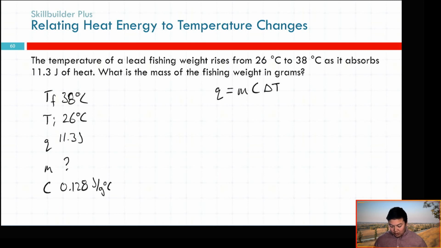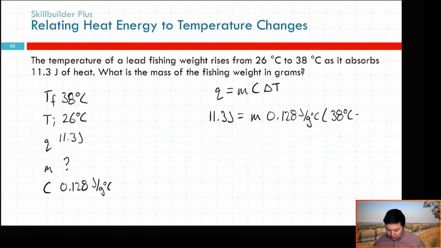When I work out these problems, I just plug everything in, solve as much as you can, and then rearrange it. So we'll just do 11.3 joules equals M, because we don't know how many grams, but then we have 0.128 joules per gram degree C. And then our ΔT, right, 38 degrees C minus 26 degrees C. Temperature final minus temperature initial.